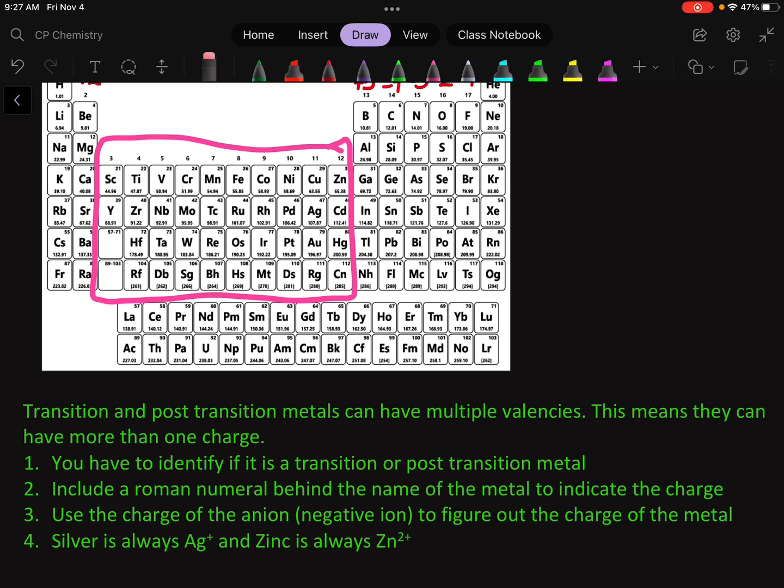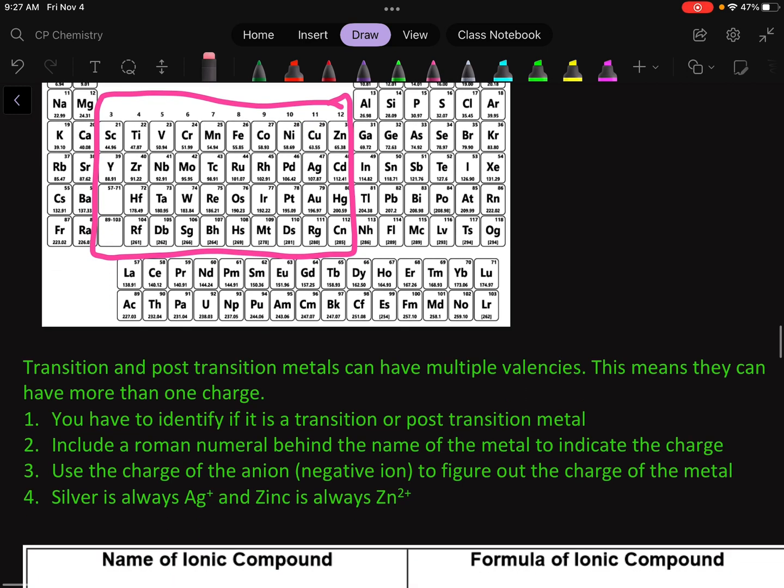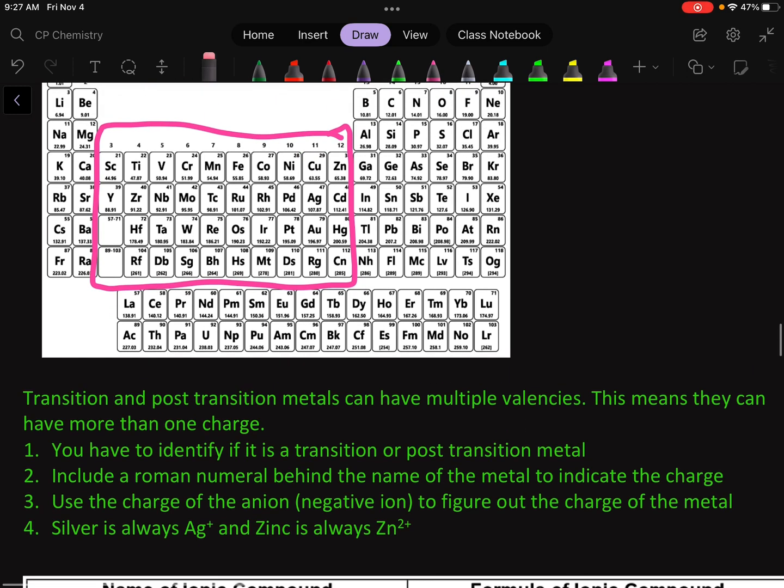What multiple valencies means is that, like copper, which is Cu, it can be a +1 or it could be a +2. We don't know which one it is. We have to see what's going on in the compound itself. But in the name, we have to identify whether it is the copper 1 ion or the copper 2 ion.